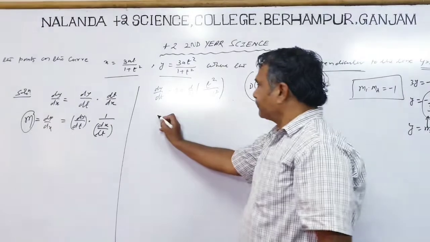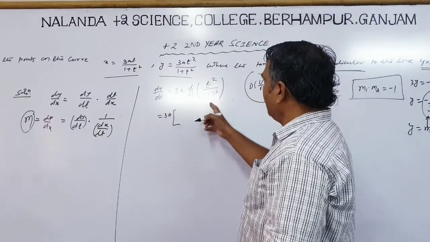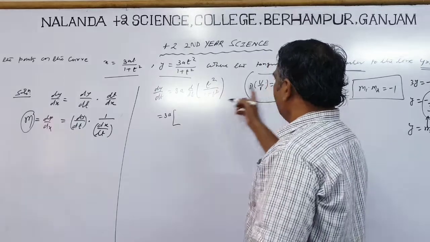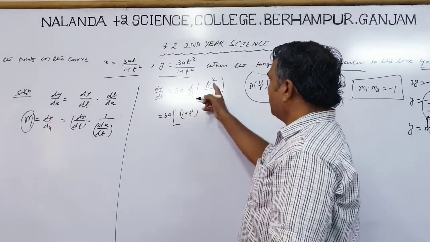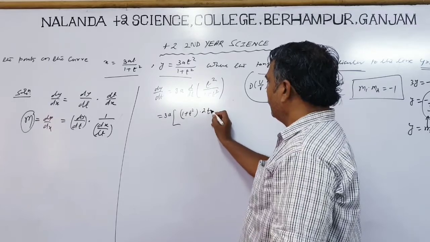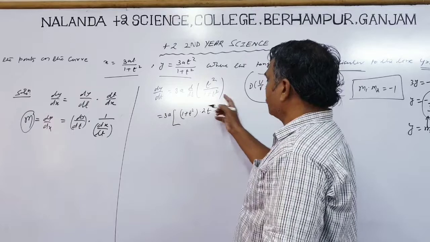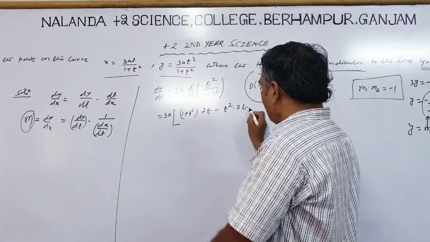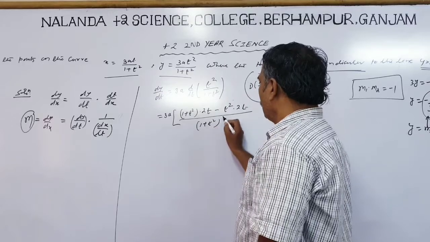Now here, 3a times the derivative of u by v. Now this is u, this is v. So v into the derivative of t square, which is 2t, minus t square into the derivative of 1 plus t square, which is 2t, divided by v square, that is (1 plus t square) whole square.